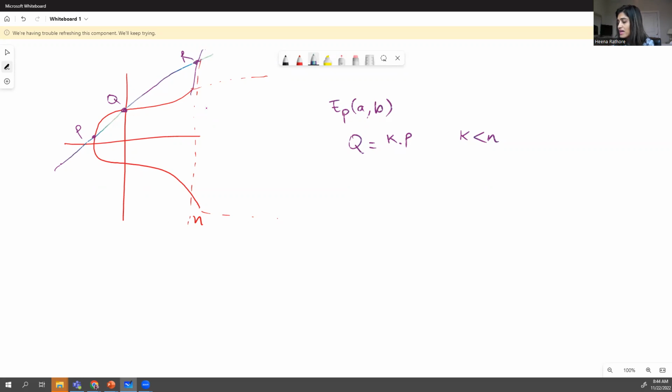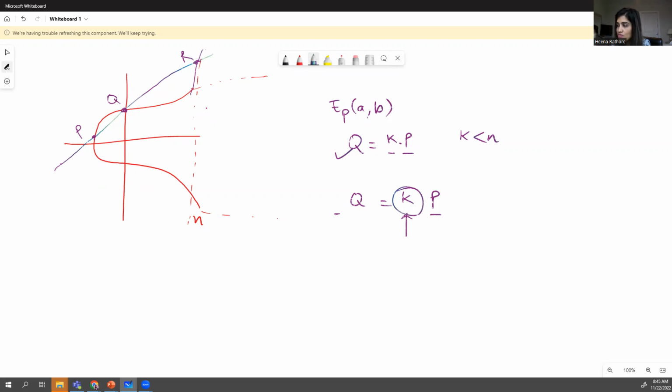So what does this trapdoor function say? If K and P are given, it is very easy to compute the value of Q. But if we know Q and P, it is very hard to find the value of K, right? You know the starting point and the ending point, but you do not know how many times it takes to achieve the number of hops.